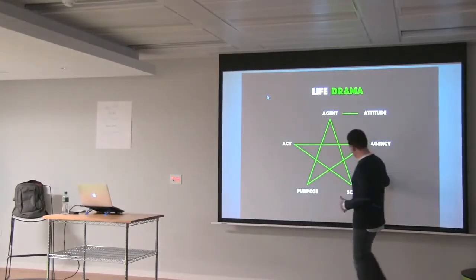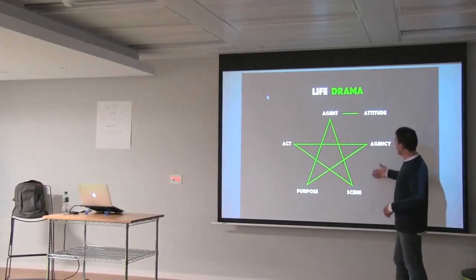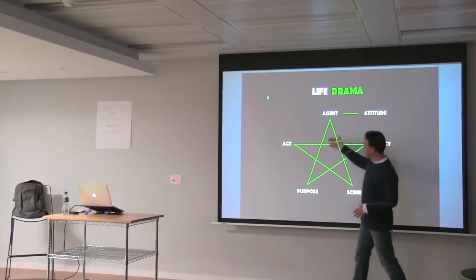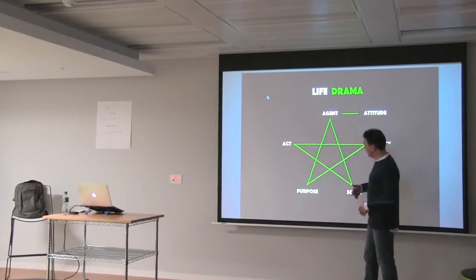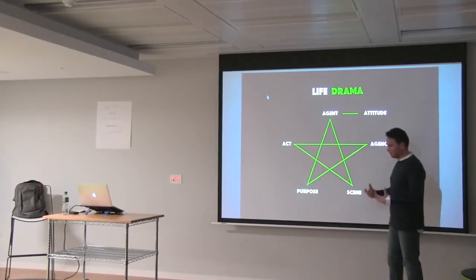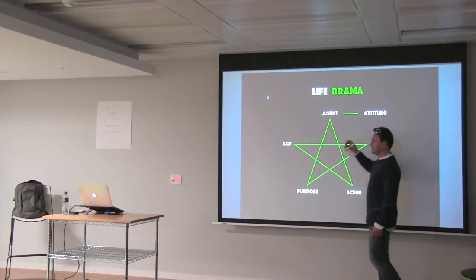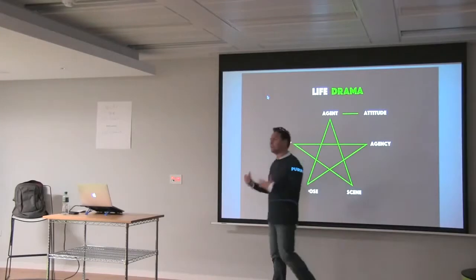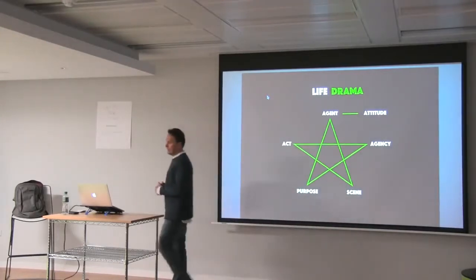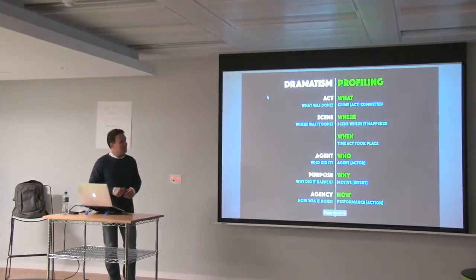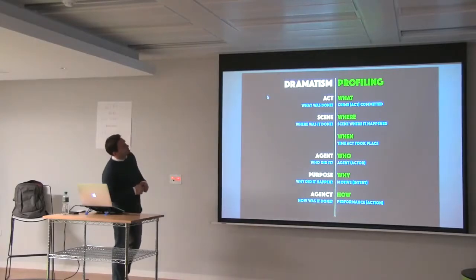Typically, an agent operates in a scene, an environment. He has an agency, which is a way of performing an action. He wants to perform an action, and then he performs an action based on some intent or purpose. And then, of course, the agent himself has some kind of state. It has an attitude to why he's doing that. And that's called dramatism or something like that.